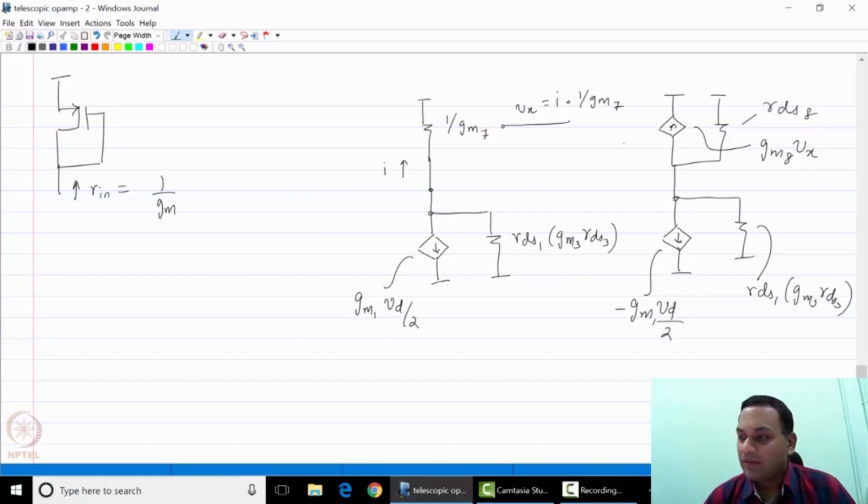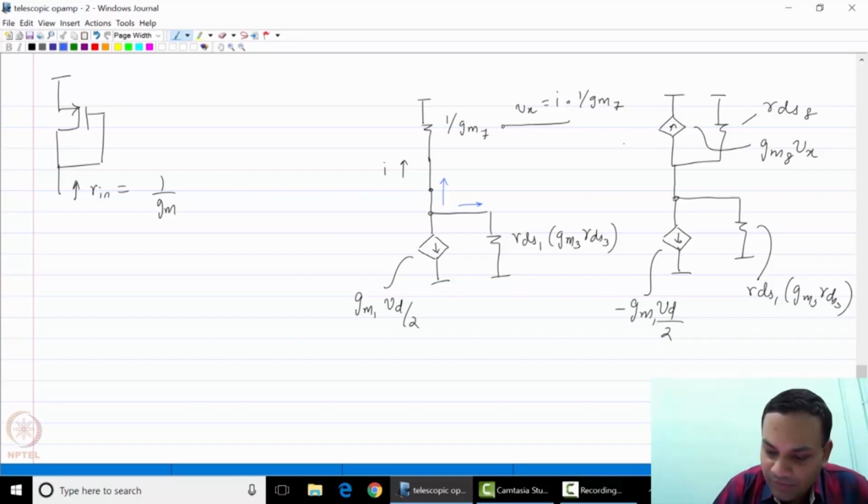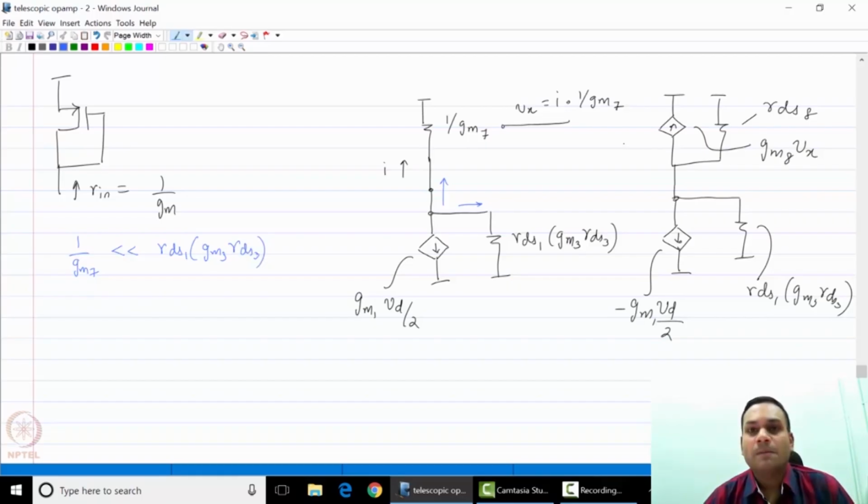As you can see, now the signal current direction is as follows. This current gm1 Vd by 2 has two paths to split. The input resistance looking upwards is much smaller than the input resistance looking downwards. In other words, 1 over gm7 is much smaller than RDS1 times gm3 RDS3.